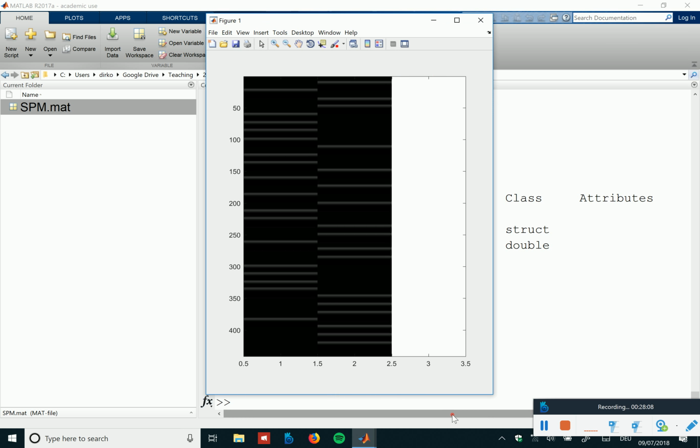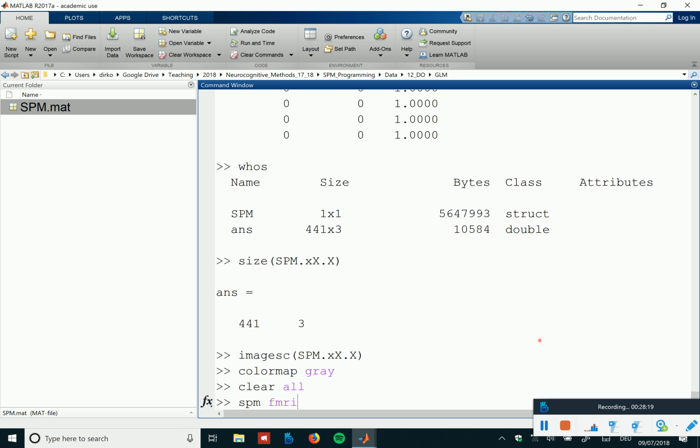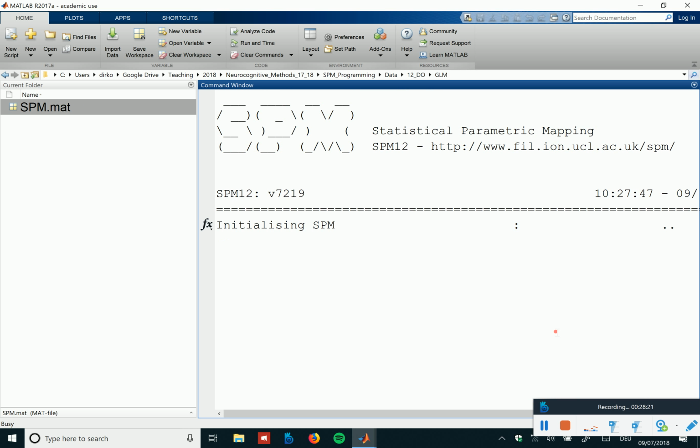That is quite dark. Yeah, there are all sorts of normalization and so on steps that we don't discuss now. We can, of course, also inspect the design directly in SPM.